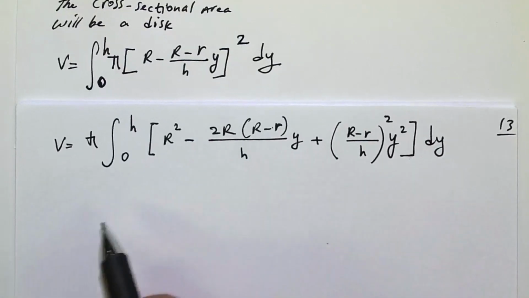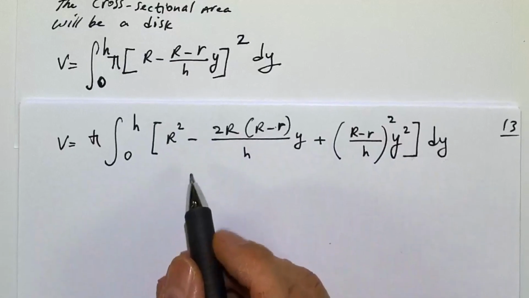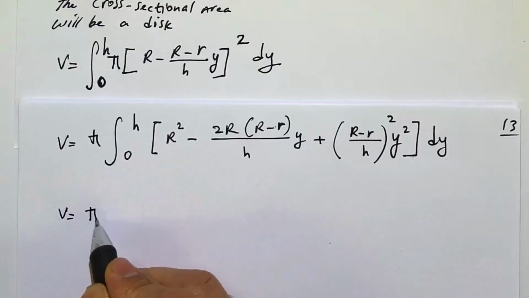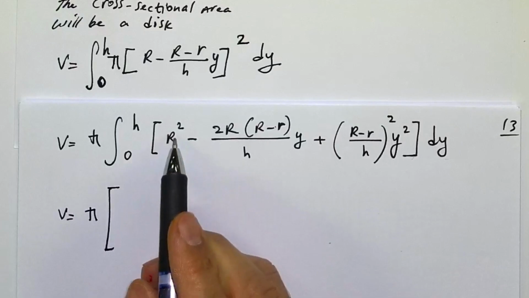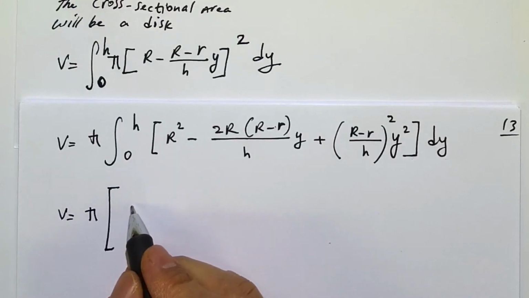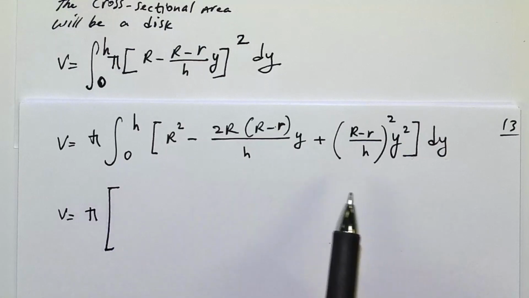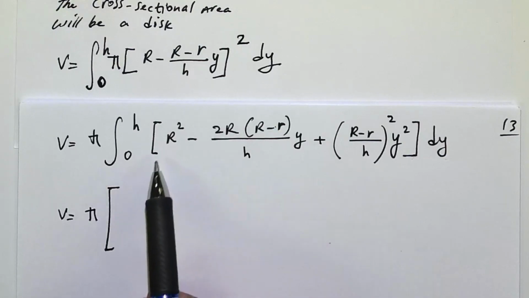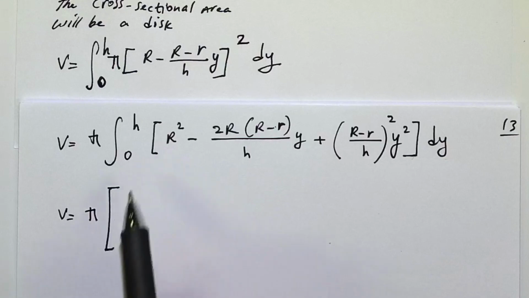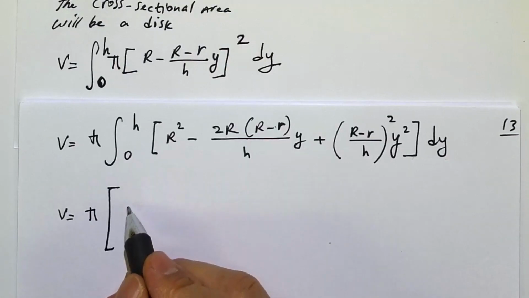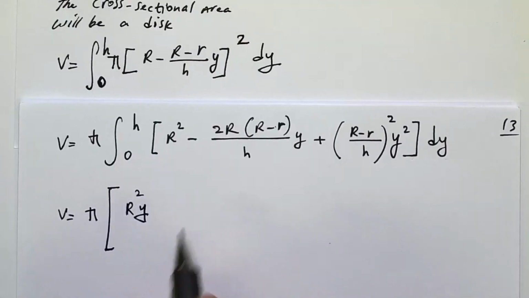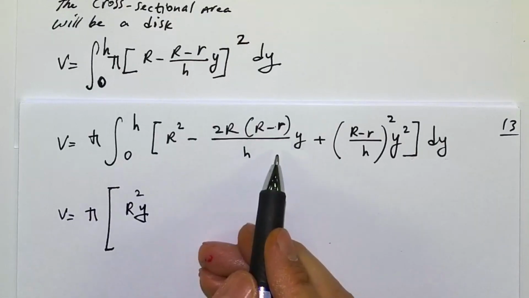Okay, so integrating this expression with respect to y, we have pi times, that's simply, r squared y minus 1/2, right?